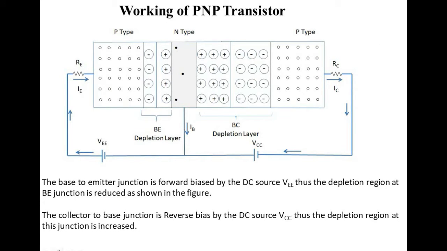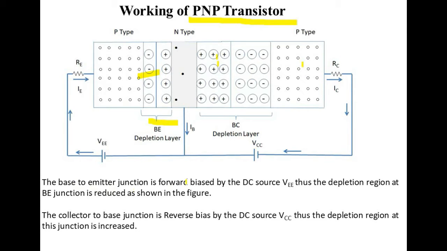Now we will study the working of the transistor. To start with, we have taken the working of a PNP transistor. We have already studied that there are two PN junctions. Here we see the PN junction on the input side, the emitter side, and on the collector side there is also a PN junction.